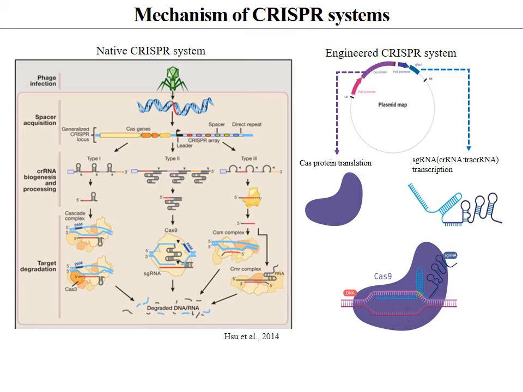For genome editing, we engineered the native CRISPR system. We linked the two guide RNAs, CRISPR RNA and transactivating CRISPR RNA, and usually we optimize the codon for our material.